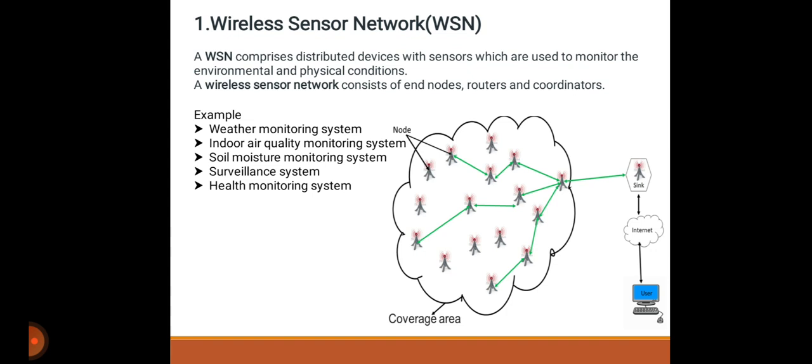We will see this by taking examples. Examples of WSN are weather monitoring systems, indoor air quality monitoring systems, soil moisture monitoring systems, surveillance systems, and health monitoring systems. In all these areas we use the WSN.